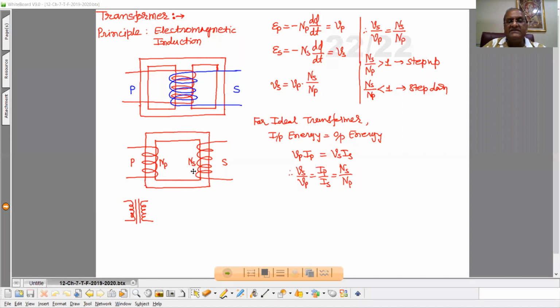Here Ns is the number of turns in the secondary coil, and that is also represented as Vs. So now from these equations, if we take the ratio of these two, then Vs by Vp is Ns by Np, or we can write Vs equal to Vp into Ns by Np. Now see here, suppose input voltage Vp is 100.